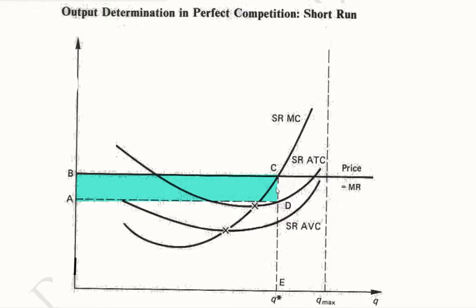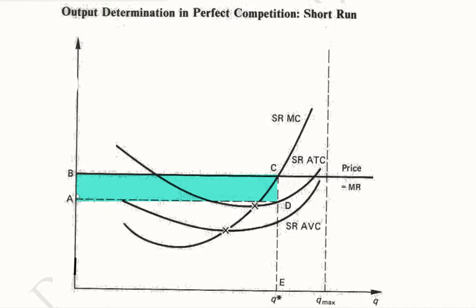The intersection of the marginal cost curve, that is this, and the MR curve, that is this horizontal line, happens at point C. So this is the initial condition or the necessary condition for profit maximization. This leads us to the value of Q star, and it intersects the average total cost curve here at point T, and this gives us this level of the average cost.